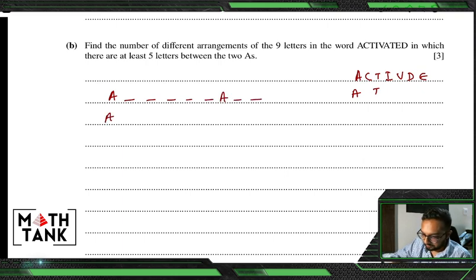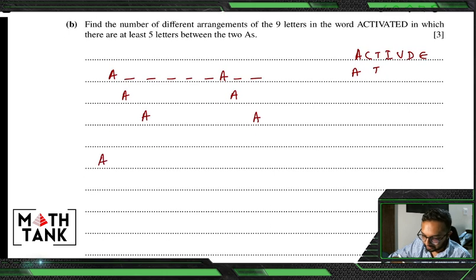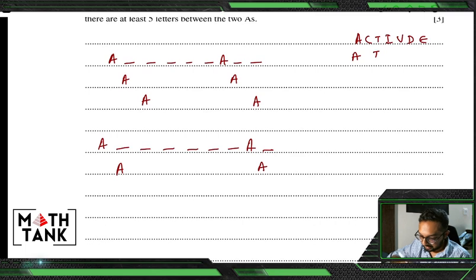Then I can have A here, and I can have A here. Then I can have A here and A here. But this is at least 5, so I could have another set of arrangements which has 6 in the middle. And then A here, and that could also lead to 2 different arrangements. And then there's a third arrangement where I could have all 7 here and an A here.